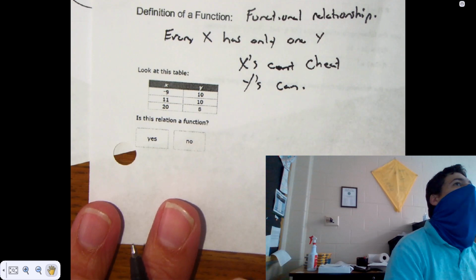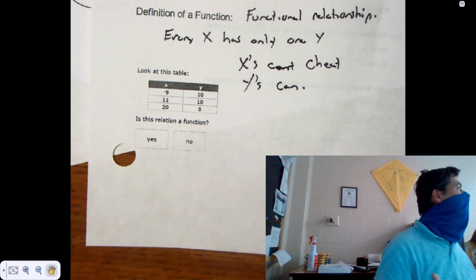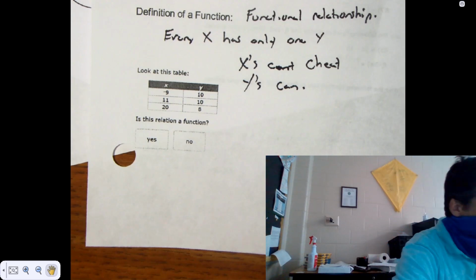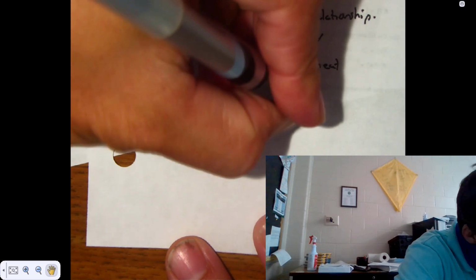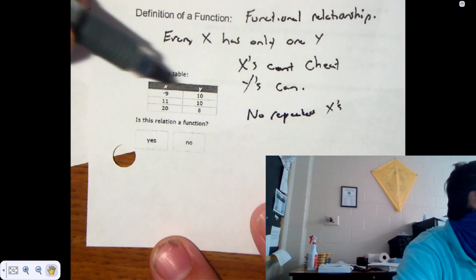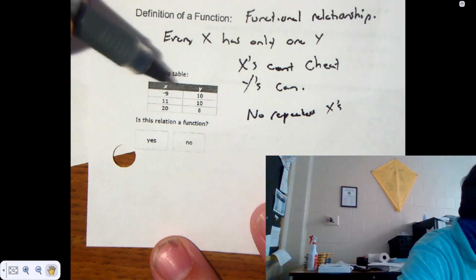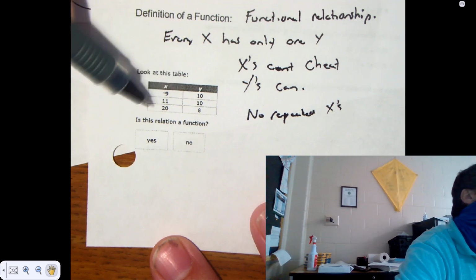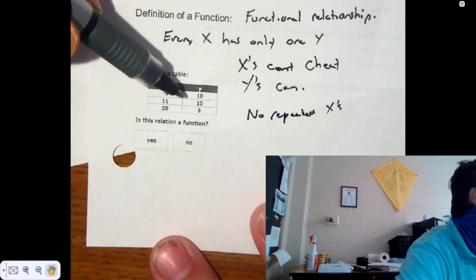We are supposed to look at this little table and simply decide if it is a function or not. There's no repeated x's. That's a good point. -9 is only seeing 10. It's not seeing two different values. Who cares if 11 is also seeing 10?